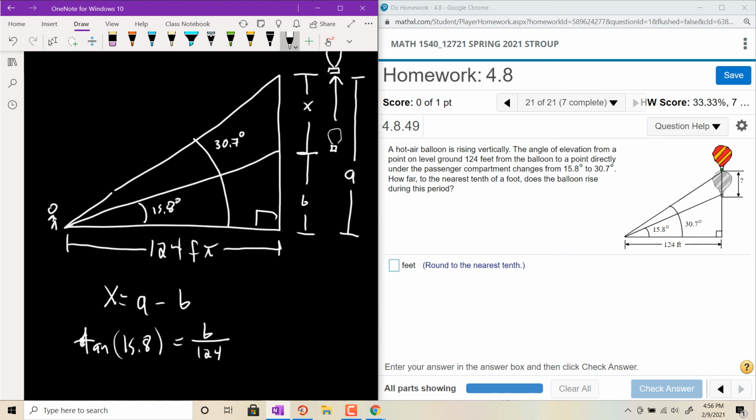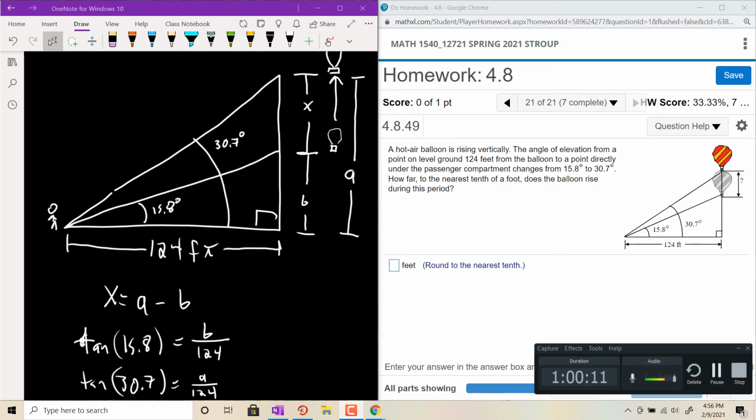Solve for B, and then tan of 30.7 degrees is opposite, which is A, all over adjacent, which is again 124. Solve for A and B, and then plug those into this A minus B formula, and you'd have your answer. Okay, so let's leave it at that, and we'll see you next time.